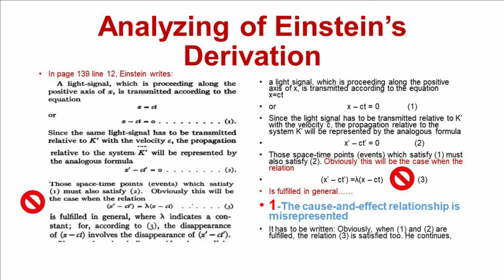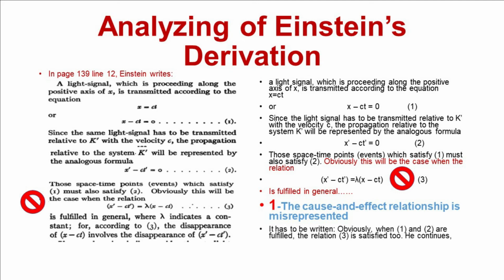Those space-time points, events, which satisfy 1, must also satisfy 2. Obviously, this will be the case when the relation x prime minus c times t prime equals lambda times the quantity x minus c times t is fulfilled in general.